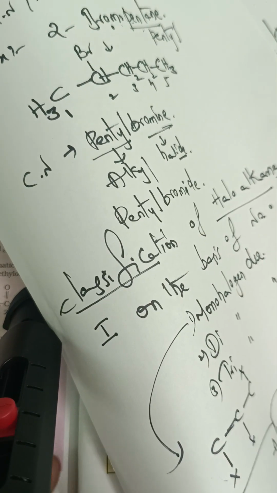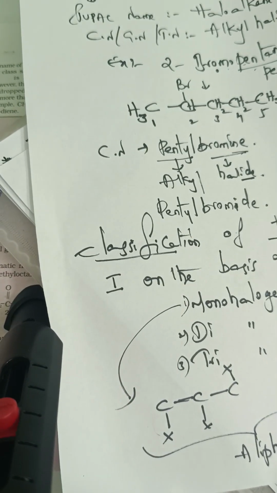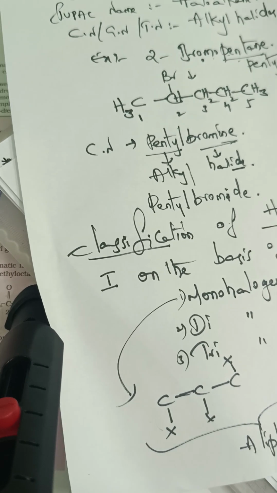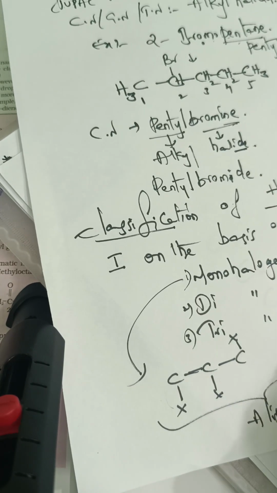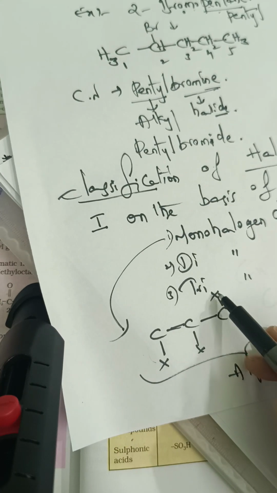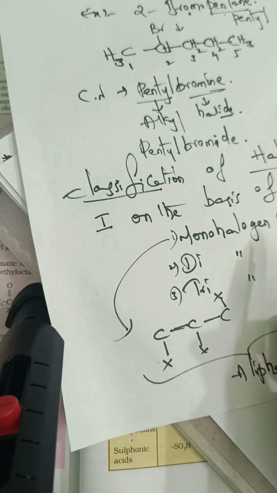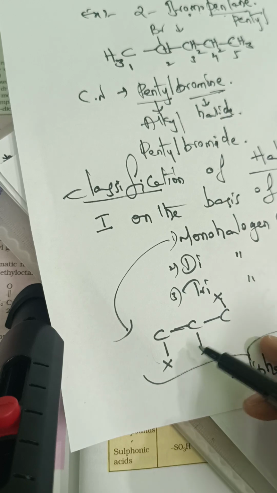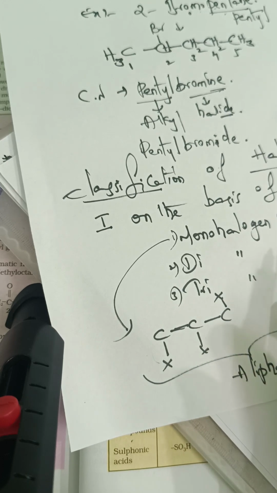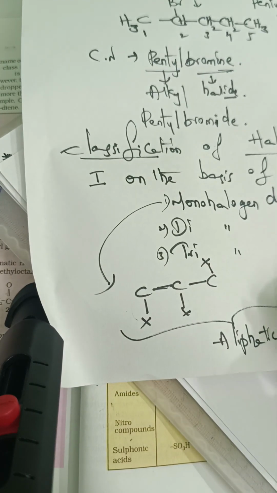On the basis of number of halogen atoms, these are divided into monohalogen derivatives, dihalogen derivatives, trihalogen derivatives. Here you can see if one halogen is bonded to the carbon atom, it will be termed as monohalogen derivative. If there are two, it will be termed as dihalogen derivative. If there are three or more, tri or polyhalogen derivatives. So these are aliphatic compounds.